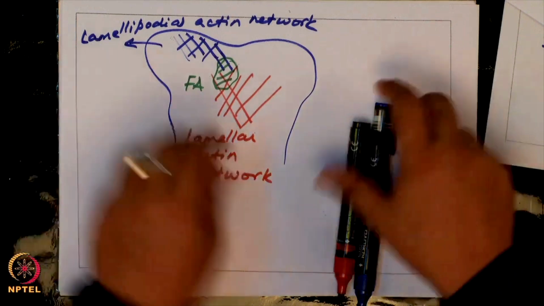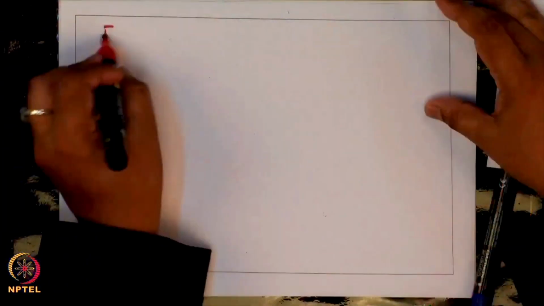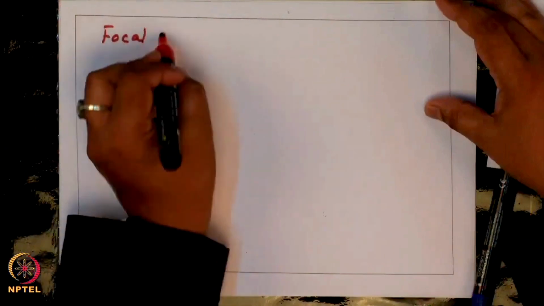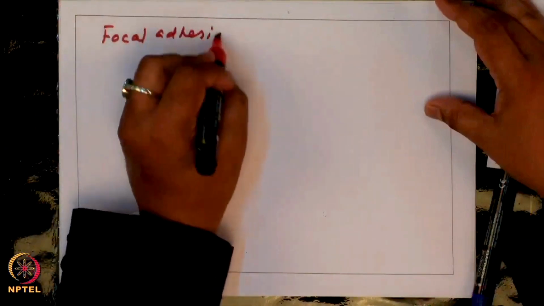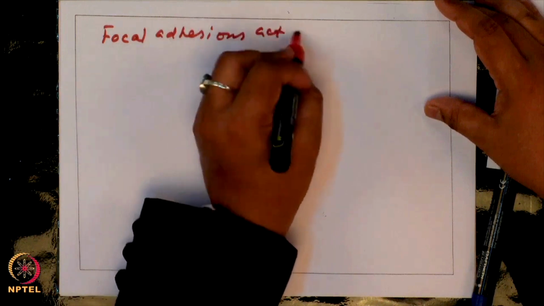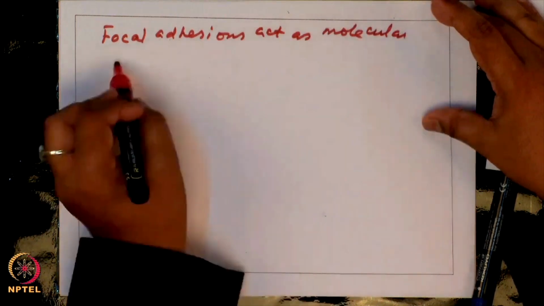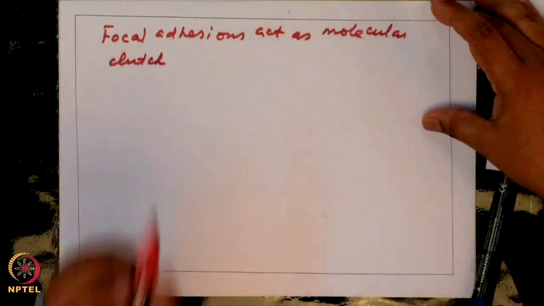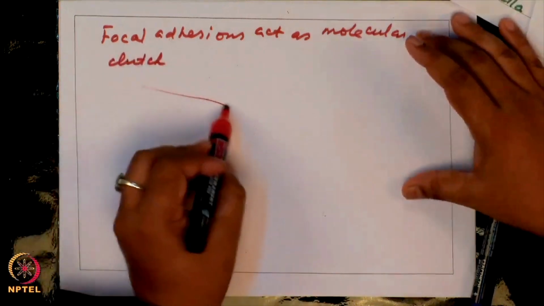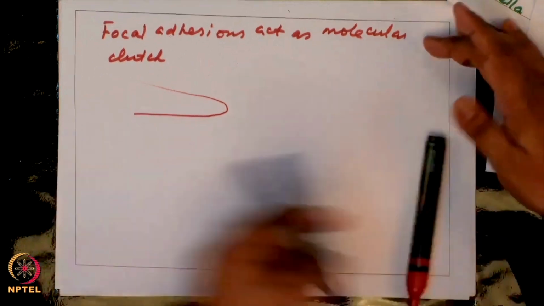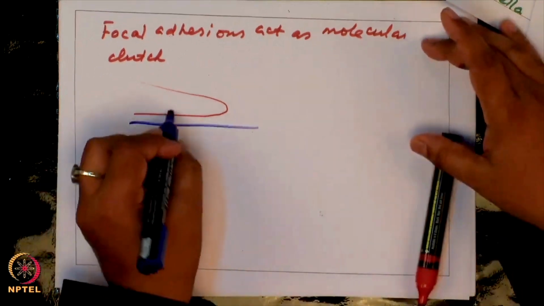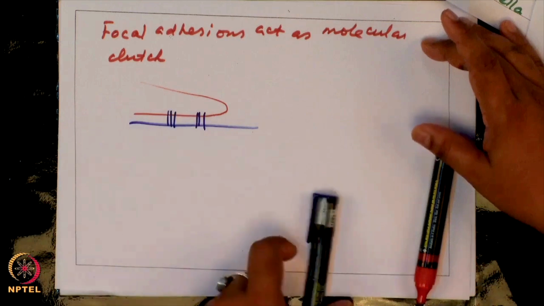These observations also led to our understanding of migration, saying that focal adhesions act as a molecular clutch. So, if I were to draw the membrane of the cell, you have these integrins, let us say these are my focal adhesions.